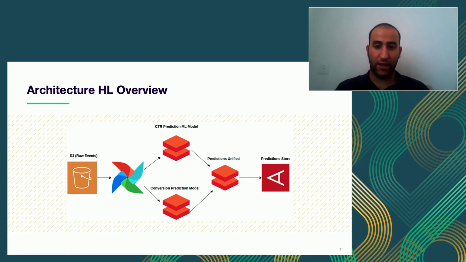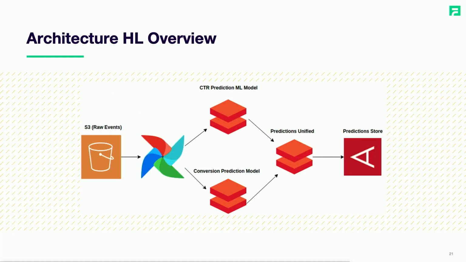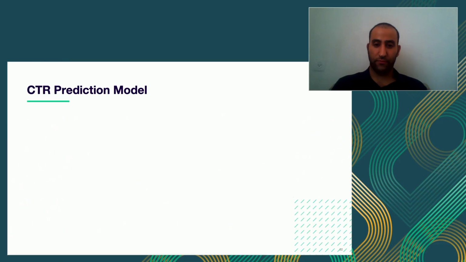The second one is the conversion prediction model, which Michael described, which tries to predict the conversion probability. Then we unify those two predictions together, and we store all of them within Aerospike so that the application layer, meaning Offerwall, will be able to query them quickly and present them to the relevant users in the relevant order.